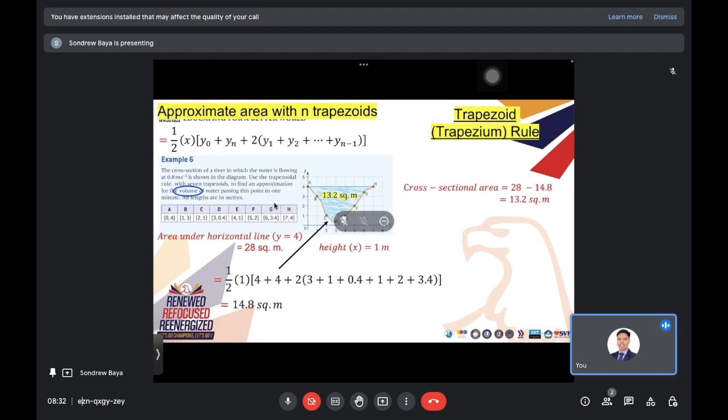So to find the depth, it should be how fast the water is rising in 1 minute. However, we're given how fast the water is rising every second. So that will just be easy if we convert minutes into seconds, by which 1 minute is equal to 60 seconds. So in 1 second, the water is already 0.8 meters.